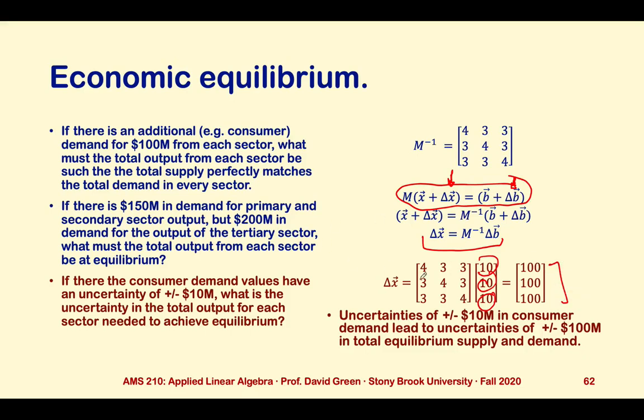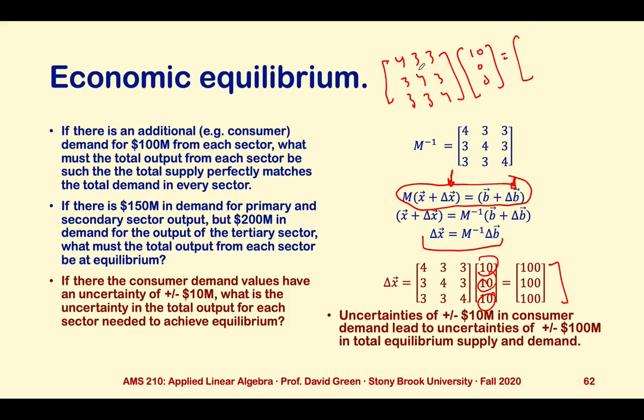You might have decided to try to tackle this by separating them out. What would happen if we tried to do that? Well, this might be found by doing something like this. 4, 3, 3, 3, 4, 3, 3, 3, 4. This is our inverse. And let's say we isolated one of the variations to 10.